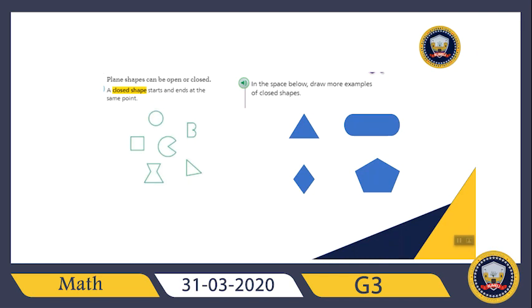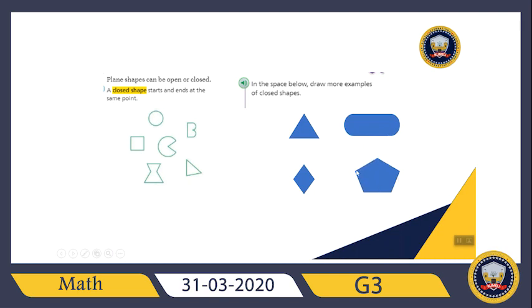Well, to my mind, I could draw this triangle because it starts here, goes here, and again ends at the same point. This oval, as you can see, if for example it starts here, it goes and ends at the same point. This pentagon, a shape which has 5 sides, is a pentagon, guys.